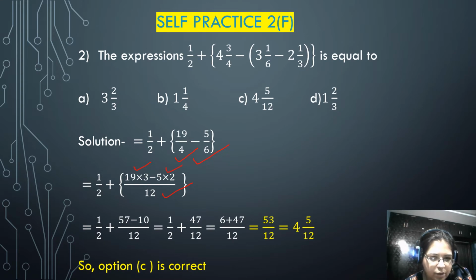Now we get 19 multiplied with 3 is 57 and 5 multiplied with 2 is 10. 57 minus 10 divided by 12, and 57 minus 10 is 47. 47 divided by 12.